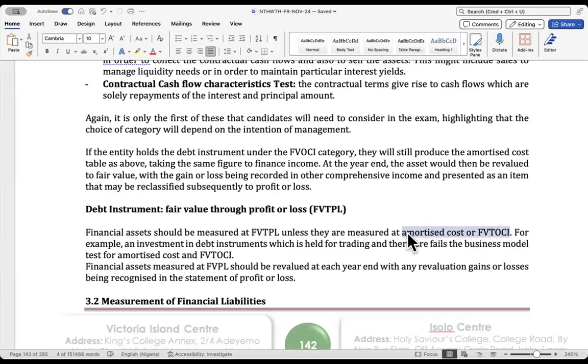So what I'm saying primarily is that a debt investment, you should classify and measure it at fair value through P&L. It's a default. That's the expected way you should classify and measure it. If you don't want to stress yourself, just measure it at fair value through P&L.